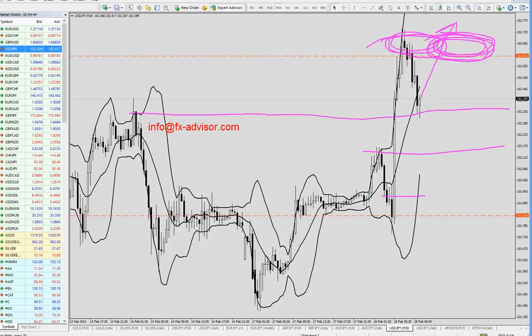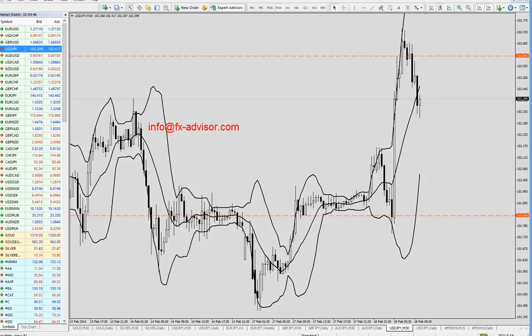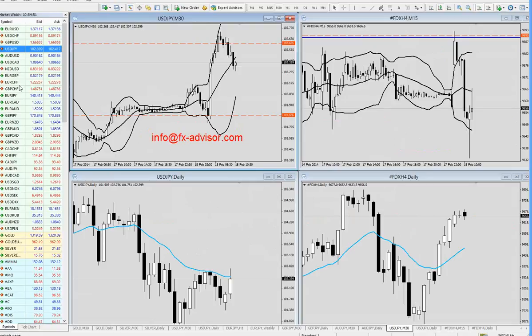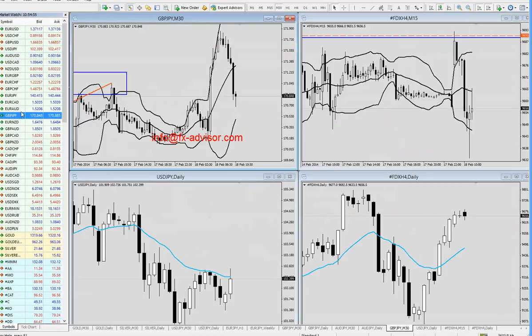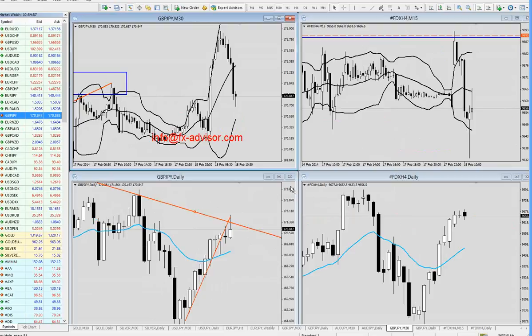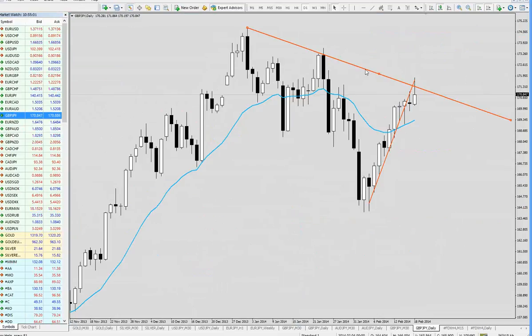One more thing, we mentioned that maybe we will stay long dollar yen, and we are going to take the long yen exposure through British pound yen.